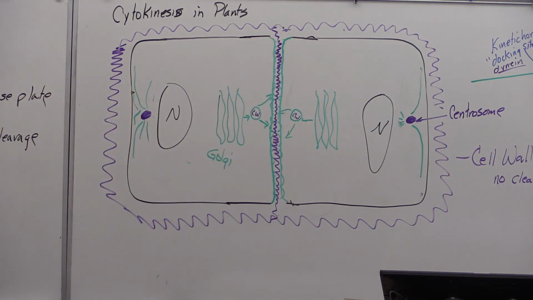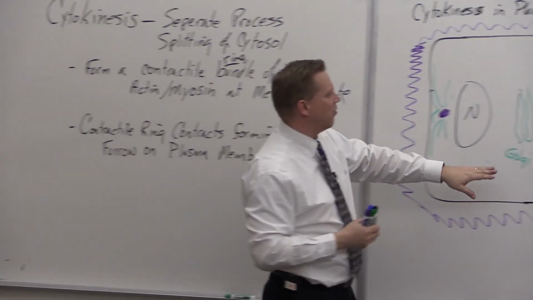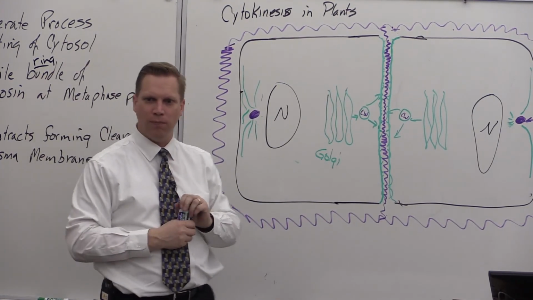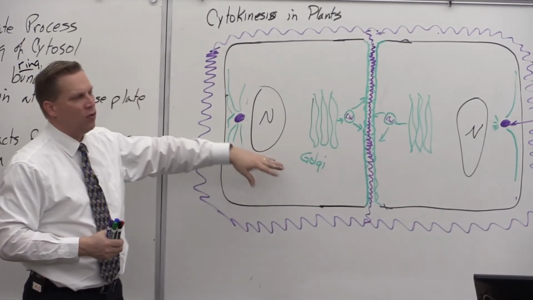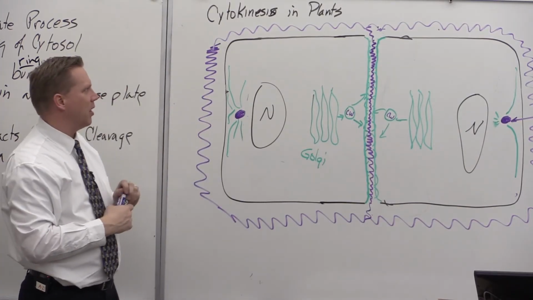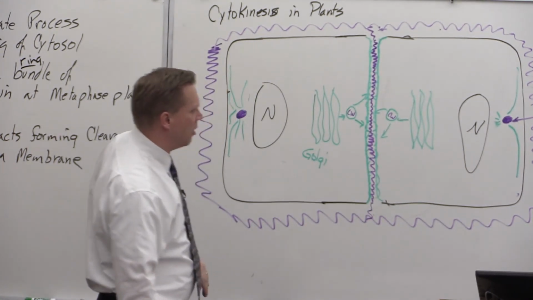And so plants approach this differently. Rather than pinching their cells into two different parts, they simply build a wall between the two, okay? And that's how plants do it. And then these cells would enter into another G1 and start to grow out and elongate and become a little bit bigger. So that's how we perform cytokinesis in plants.